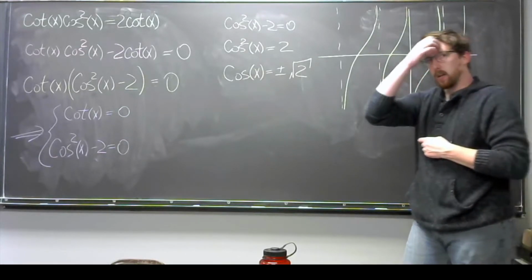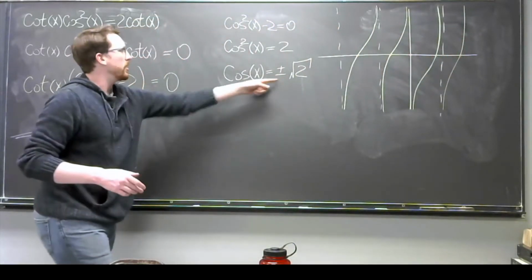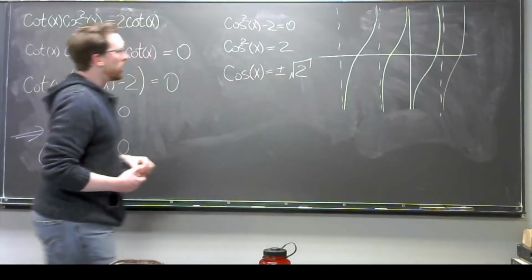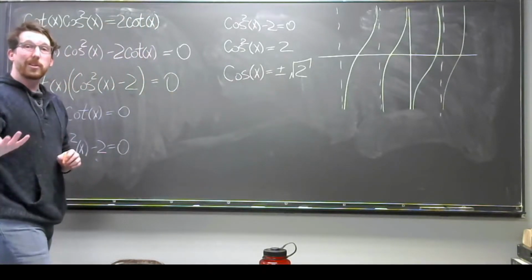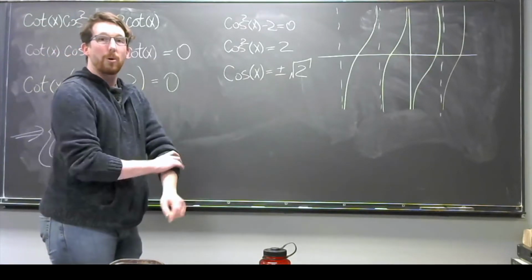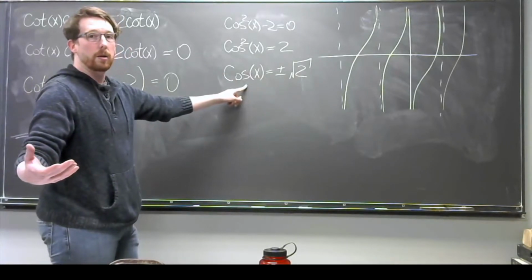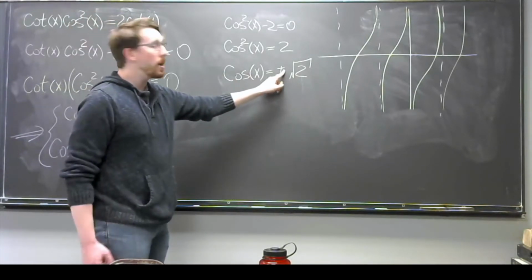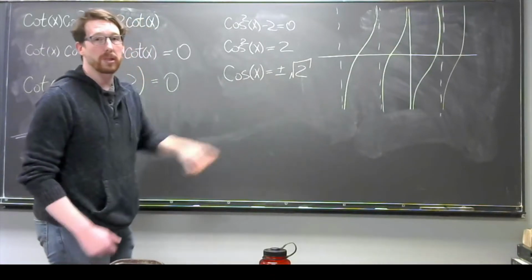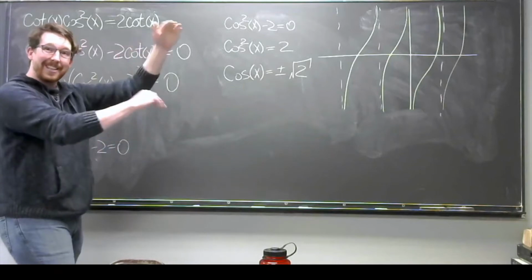Why is that? What's happening here? Why do I know that this can never happen? Well, it's because of what the square root of 2 is, right? It's 1 point something, which is outside the range of cosine. It doesn't matter if it's positive 1 point something or negative 1 point something. It's still larger in magnitude. So it's outside of that.